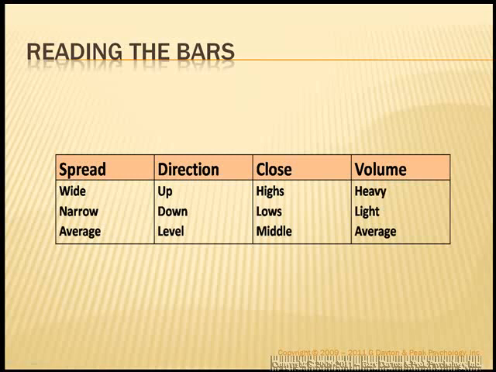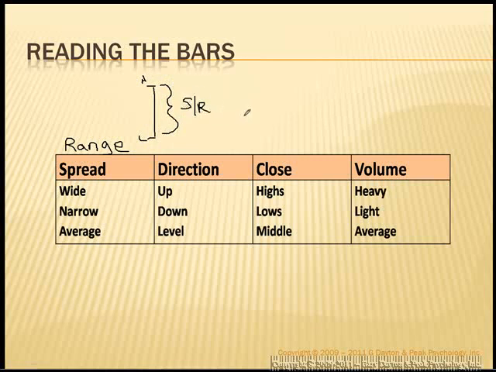Spread or range. The range of the bar or the spread of the bar is the difference between the high and the low of the bar. So if this is our price bar, here's the high and here's the low, and this in here is the spread or the range.